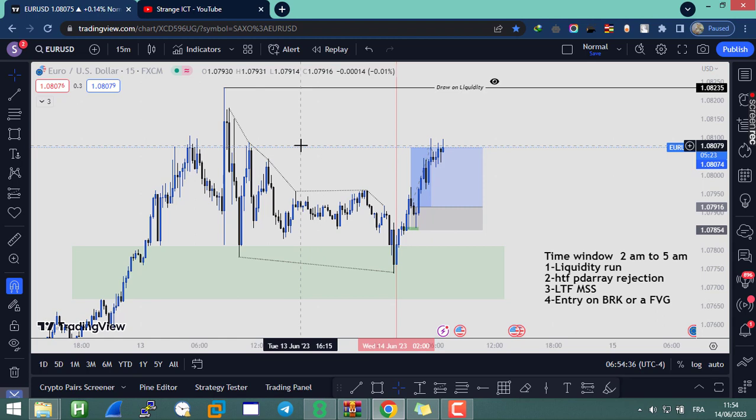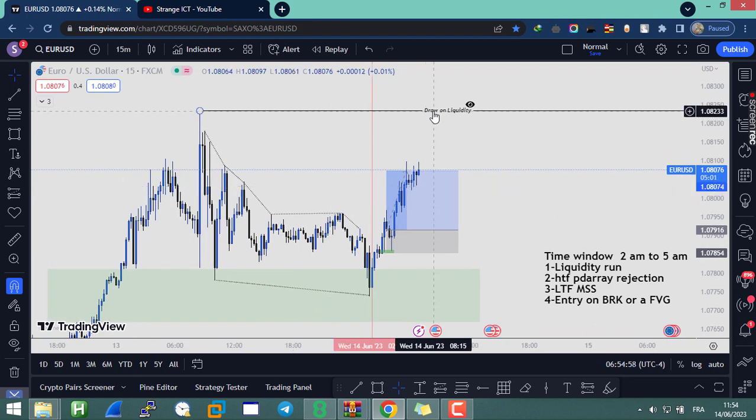Retail traders will see this as the market trending lower, with lower highs here, lower high here, and lower high here. So this is liquidity. That's why I chose the buy side as the next target.